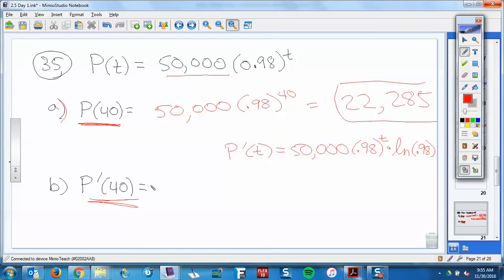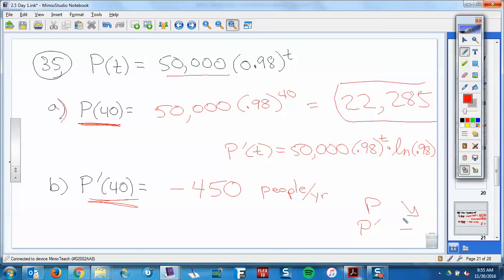Now you plug a 40 into that, and you get negative 450. What would be the units on that? Per year. People per year. Is the population increasing or decreasing? Decreasing. It's a chart question, right? P prime we just found out was negative, so therefore P has to be decreasing.